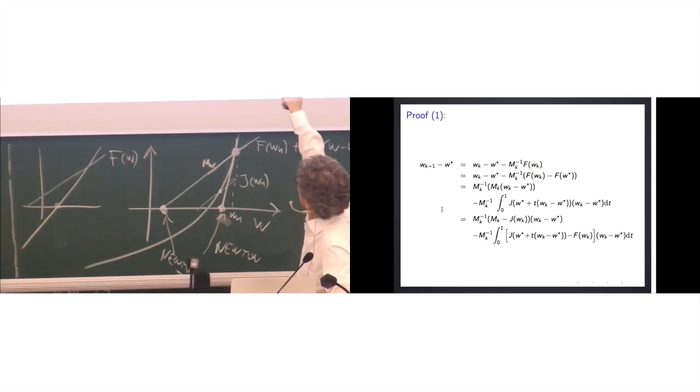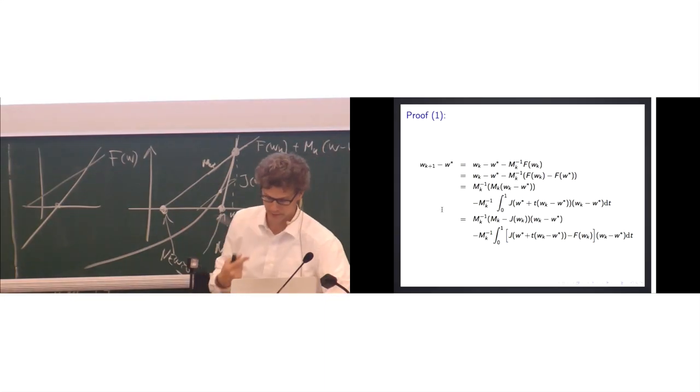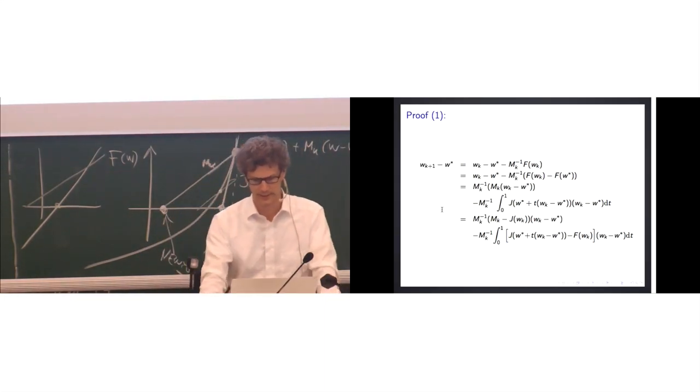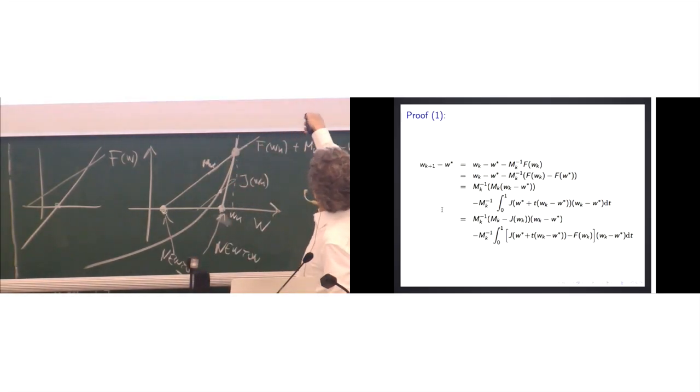So this term can be expanded by integrating over the derivative along the line from w star to w_k. Okay, and then we subtract from the first and from the last term. Oh, here should be a J. This is wrong, sorry. So we subtract this J here, and we subtract the same J here.